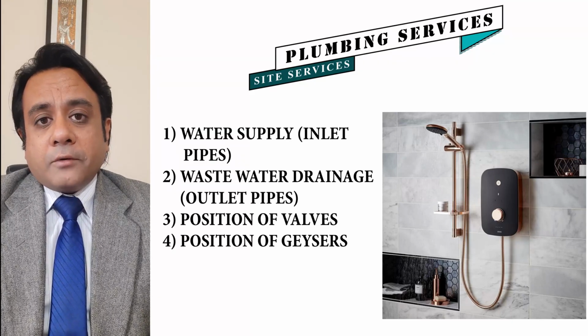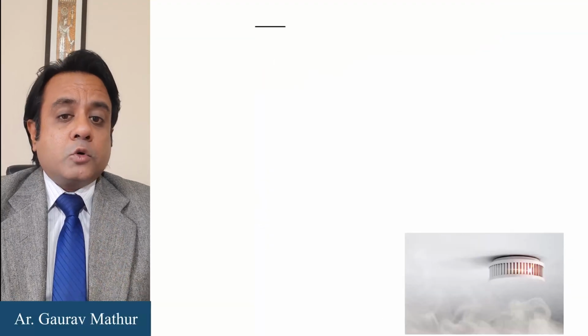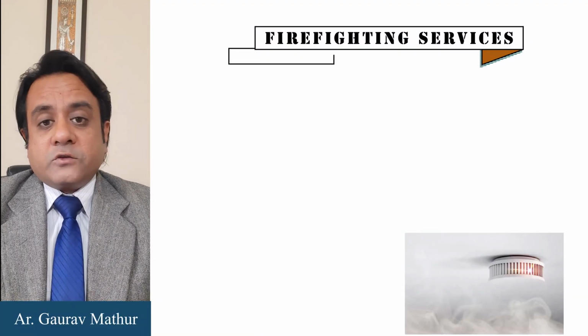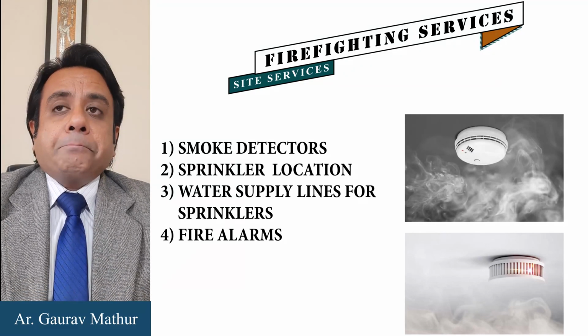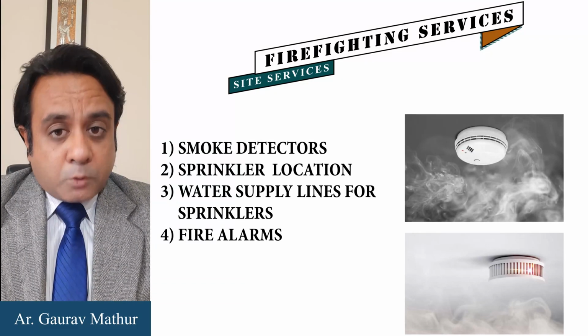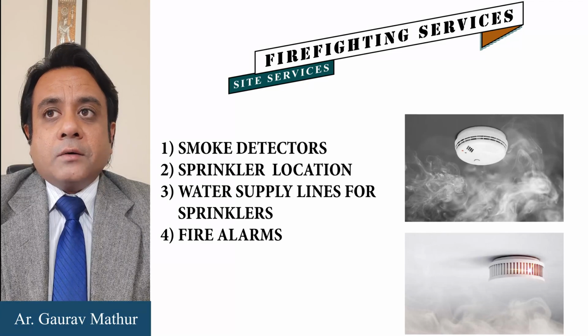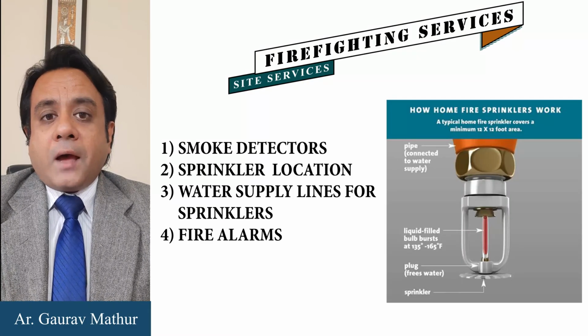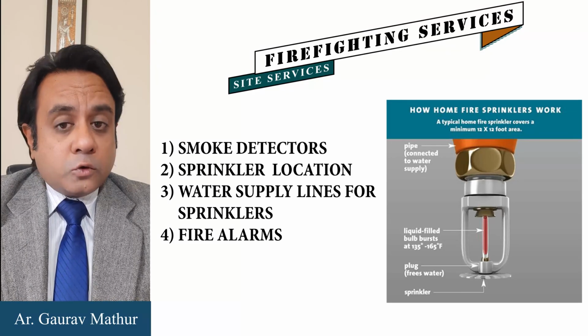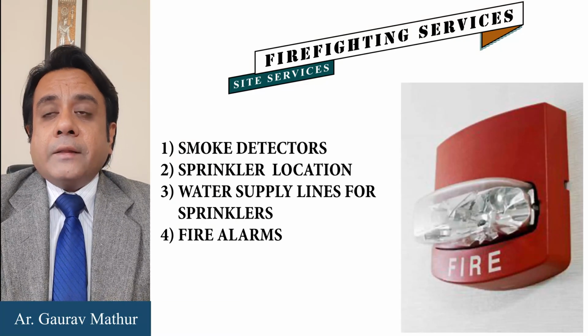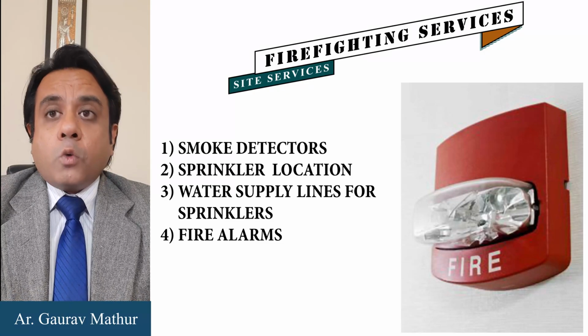Then you have firefighting. Now that plays a very important role if you're especially talking about false ceiling. So there are three major things when you talk of firefighting. One is smoke detector, then you have sprinklers, and you have fire alarms. Now all these three are connected through wires. The sprinkler is also connected to the water supply line.